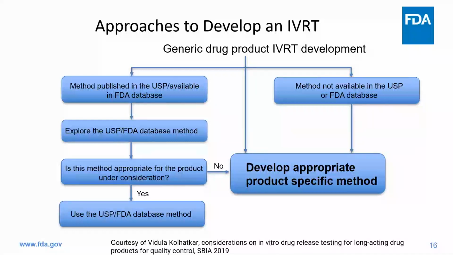You can also check whether there is a method published in USP or available in the FDA database. If the answer is yes, those methods may serve as the starting point for your IVRT method development. Here, please keep in mind that those methods published in the FDA database are non-binding. So those can be used as a starting point.